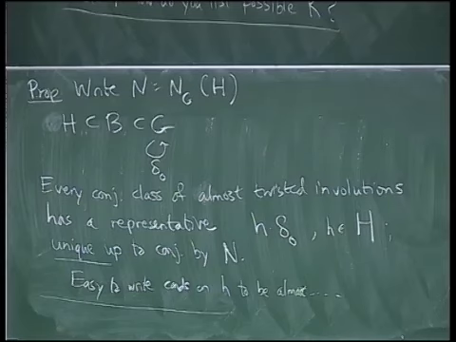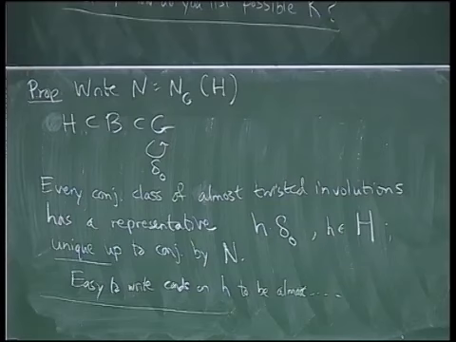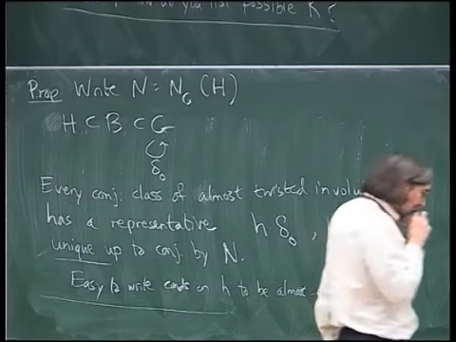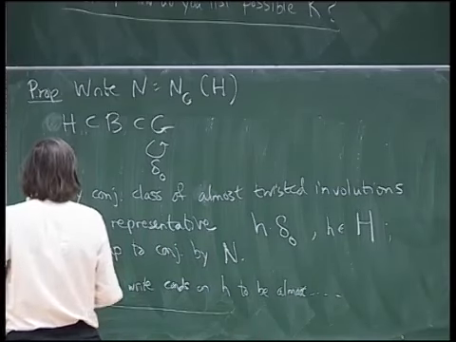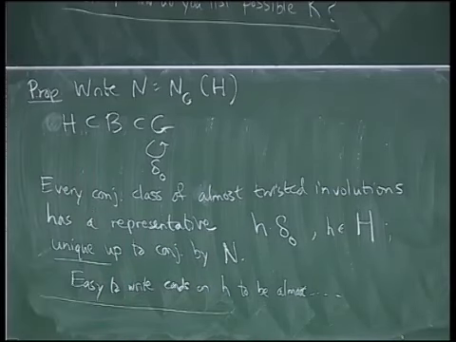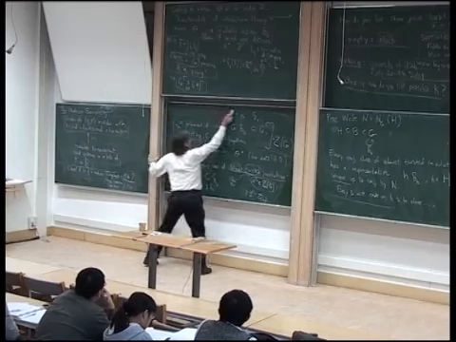So more or less, this is kind of an outline of how you list the possible Ks. Maybe I'll state a theorem that sits next to this.